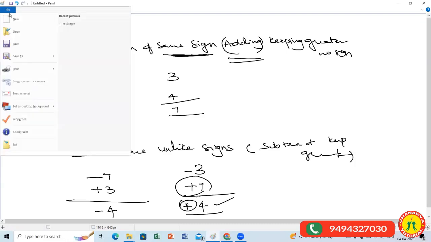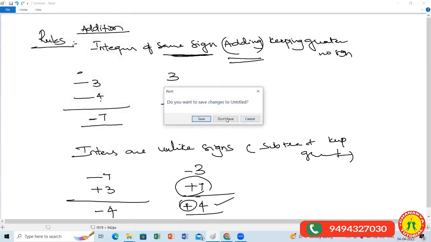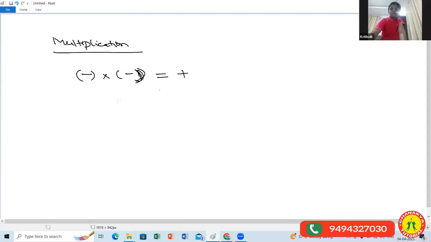Coming to multiplication. What about multiplication, children? Minus into minus gives plus. Very good.